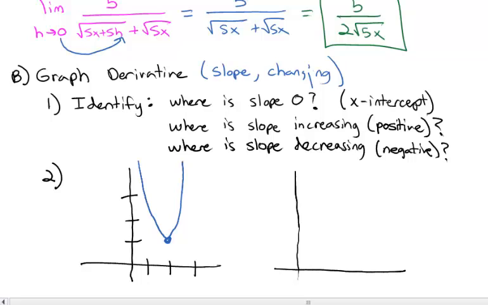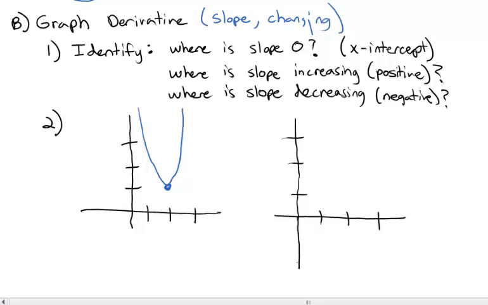So first I want to know, where is the slope 0? Well, the slope of the tangent line is 0. Think about the tangent line. If this tangent line is going to touch this graph in only one spot and be completely flat, it's going to have to be right at the bottom. So that flat tangent line happens when x is equal to 2. So at x equals 2, the derivative is 0.